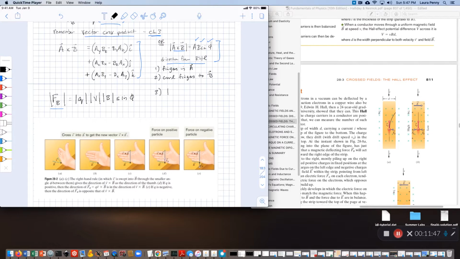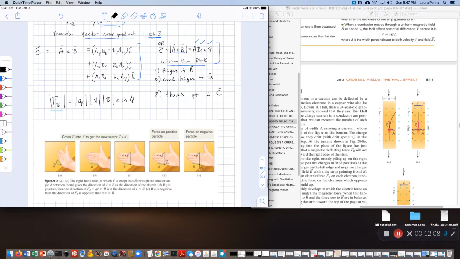And then your thumb will point in the, let's say that this was equal to C, our final vector. If we say C vector is A cross B, then it would point in the C direction.